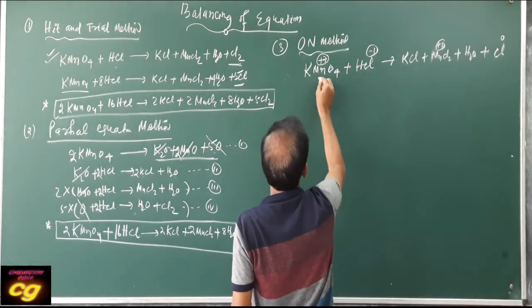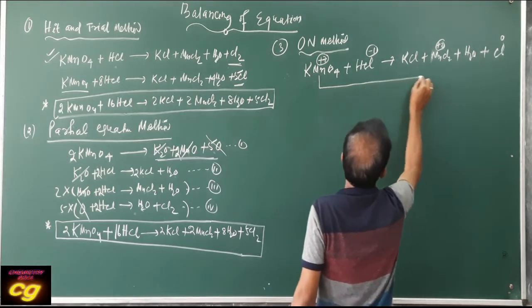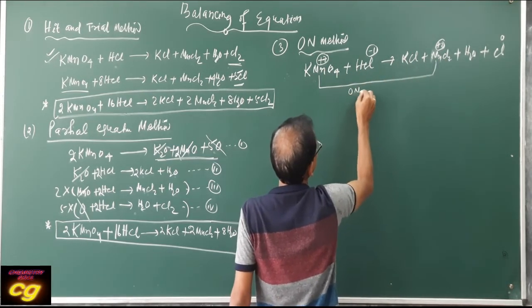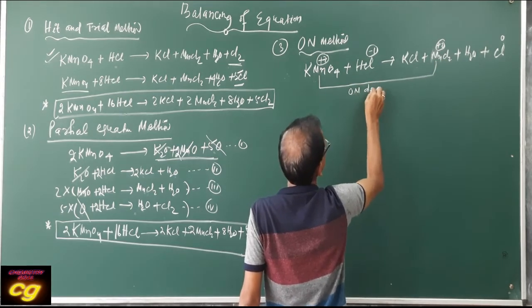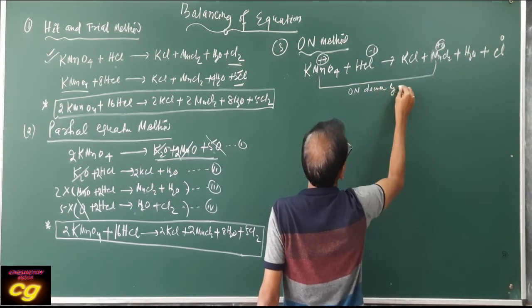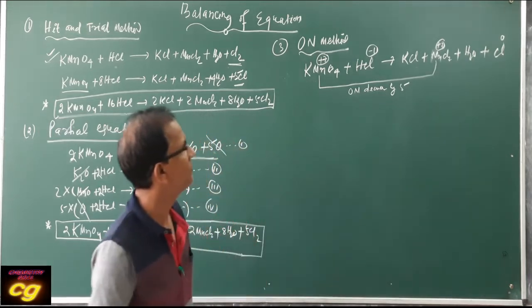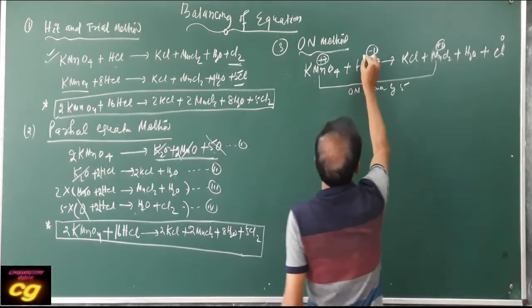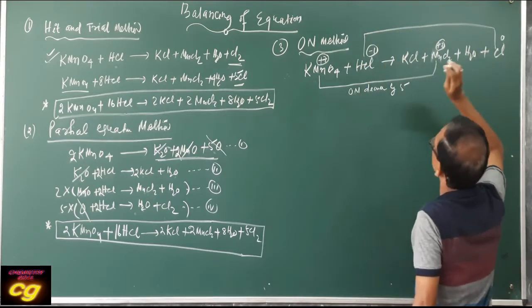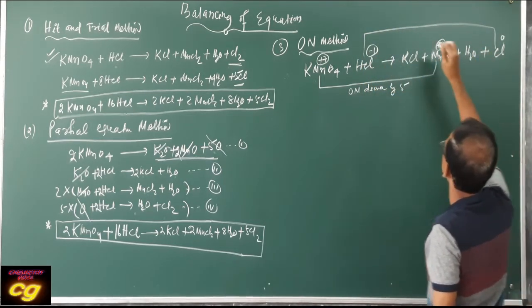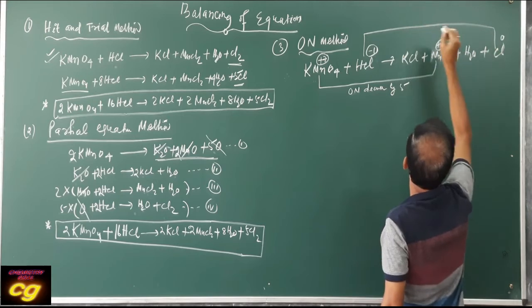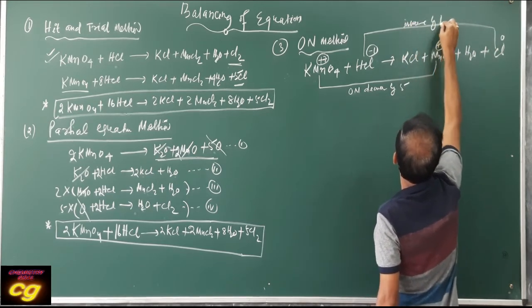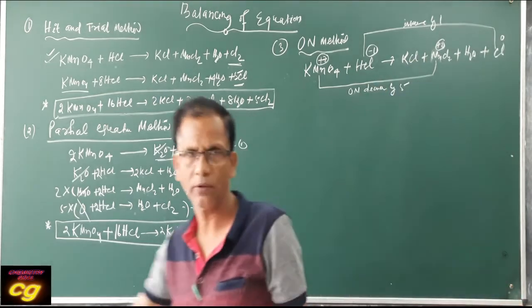So it changes from plus 7 to plus 2, which means the oxidation number decreases by 5. Plus 7 changes to plus 2 for manganese, decrease by 5. And for chlorine, you see chlorine changes from minus 1 to 0. That means an increase by 1. Okay.